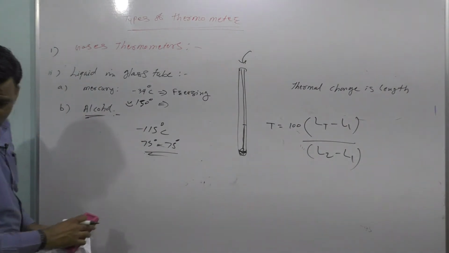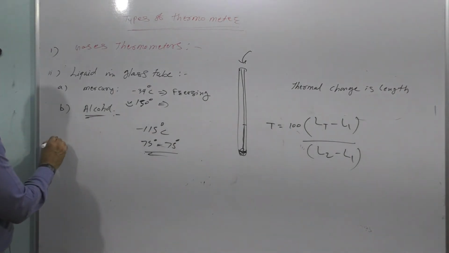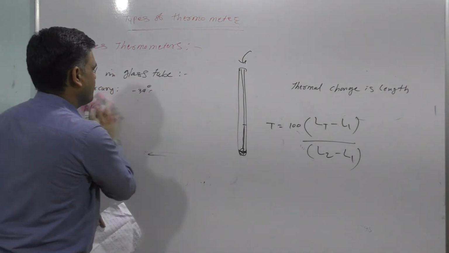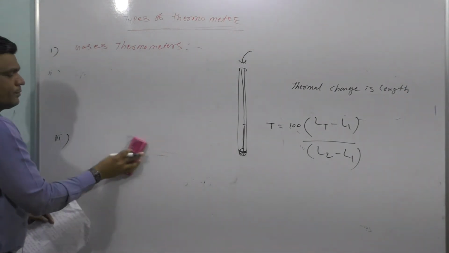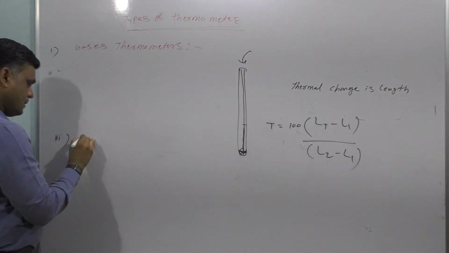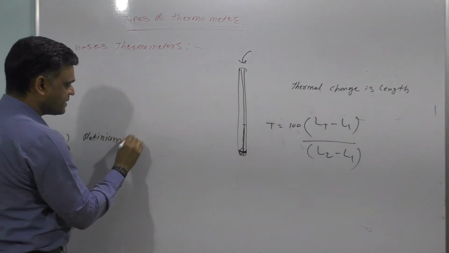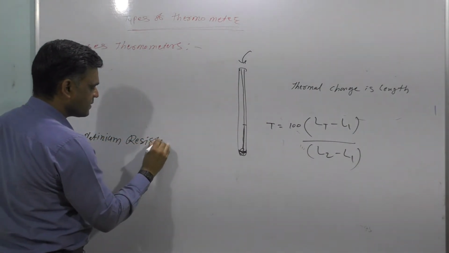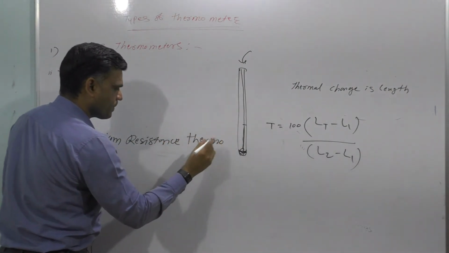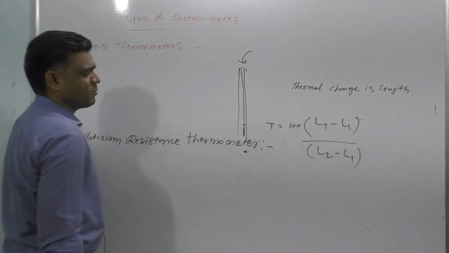Now the next one, the third type of the thermometer is the platinum resistance thermometer.